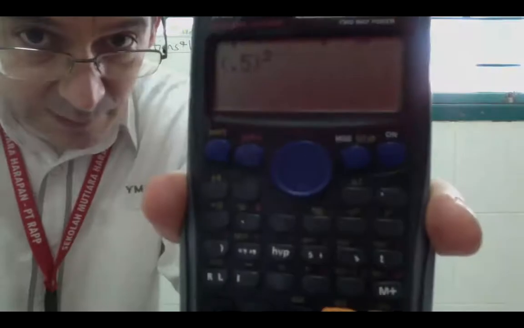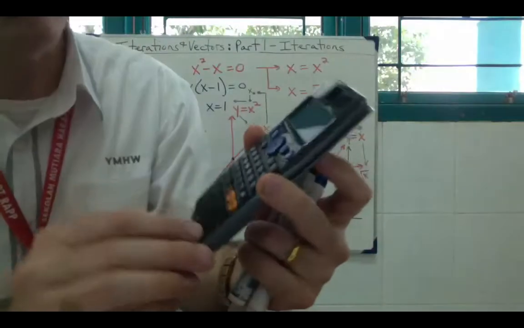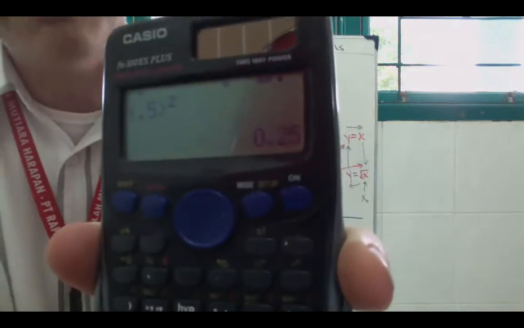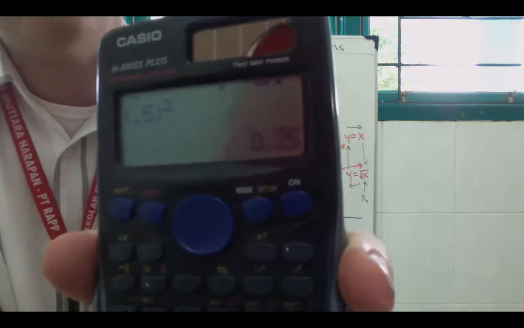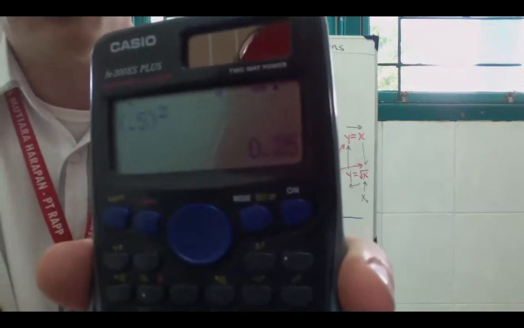Hopefully you can see it there. It's a little dark. 0.5 squared. Maybe I can lower this down to get a little bit more light here. So 0.5 squared, and when you hit equals, you get 0.25. Notice it's getting smaller. We actually want it to approach 1, but it's going away from 1.